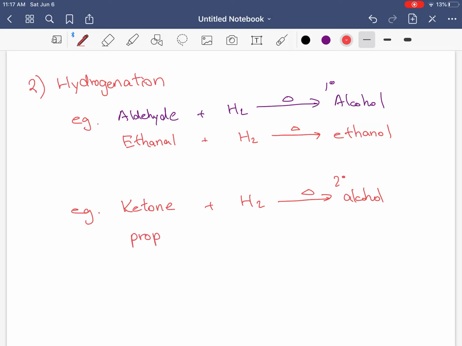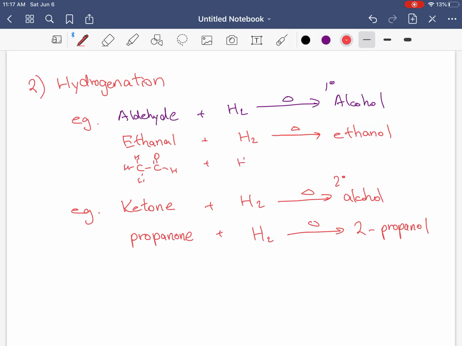So we have propanone reacting with hydrogen gas will give you 2-propanol. Okay, let me just draw this for you guys and then we'll call it for the day. So I have here ethanal.